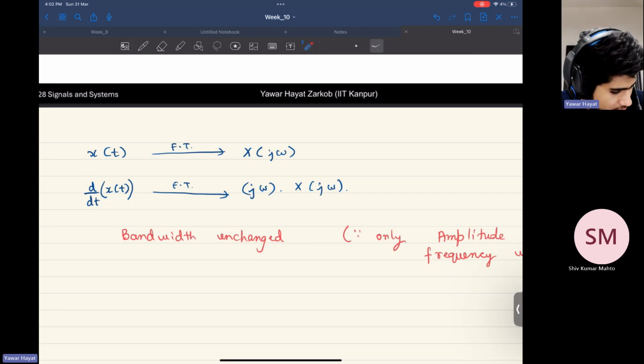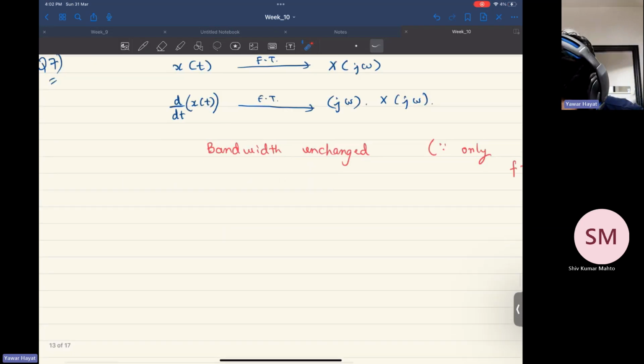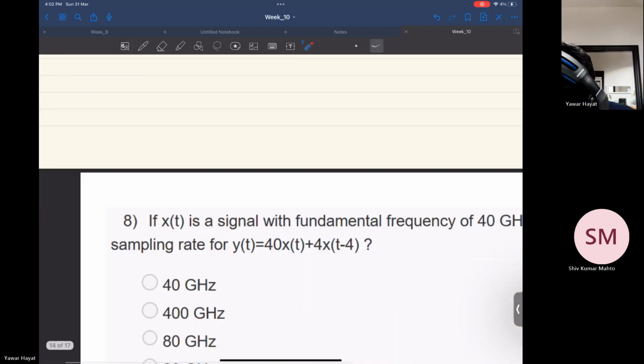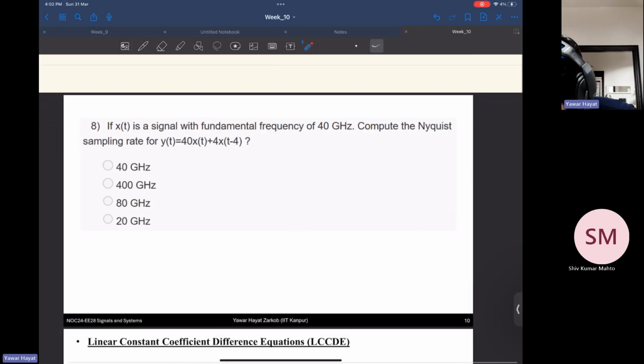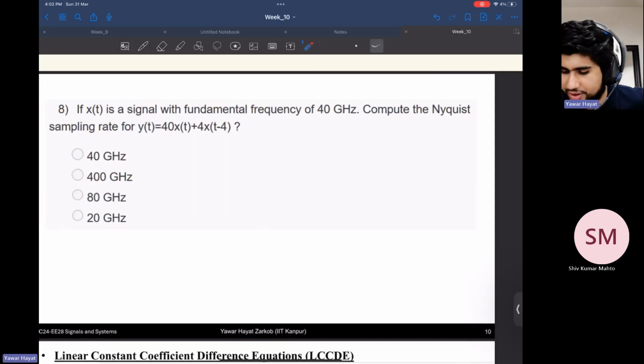See, if we could take one such example. What about this one? If x of t is a signal whose fundamental frequency is 40 gigahertz, you need to compute the Nyquist sampling rate for y of t, where y of t is 40 times x of t plus 4 times x of t shifted in time.